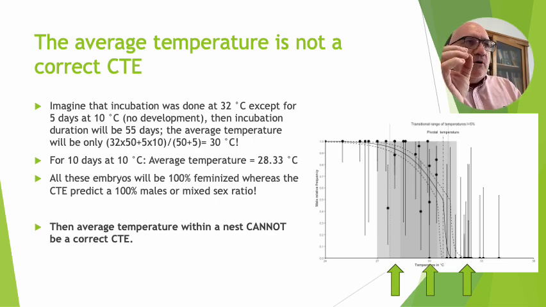All these embryos will be 100% feminized because at 10 degrees Celsius nothing happens. But the CTE predicts 100% male at 28.33 or mixed sex ratio at 30 degrees Celsius. Then the average temperature within a nest cannot be a correct constant temperature equivalent.